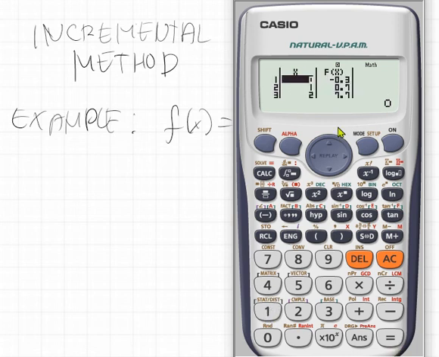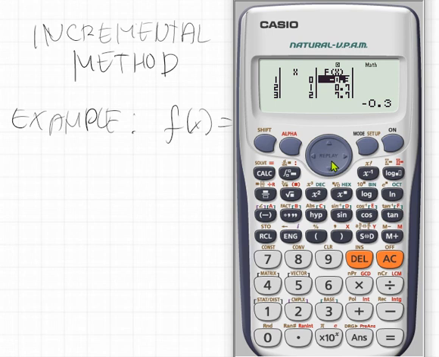From here, you can see directly that the f of x changes sign from x equals 0 to x equals 1. So from that, you can conclude that from 0 to 1, there's a root.